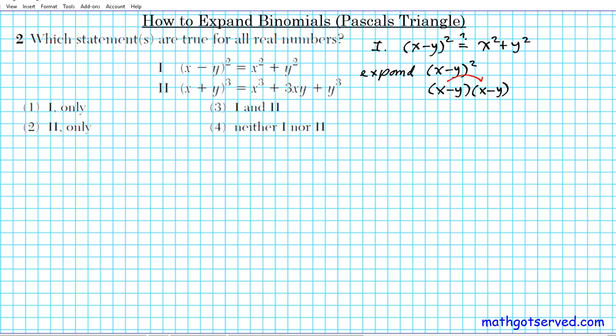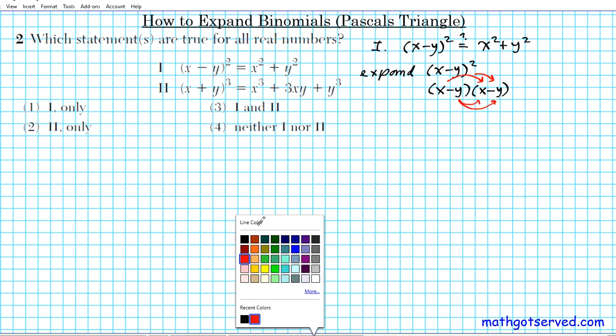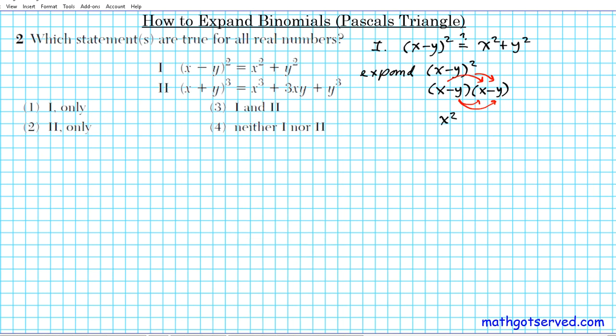Alrighty, so first, outer, inner, last. That's how you multiply two binomials. When you carry out the multiplication, you get first: x times x is x squared, x times negative y is negative xy, negative y times x is negative yx. Multiplication commutes, so you can also write that as negative xy, plus y squared.